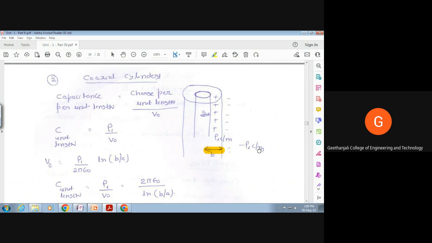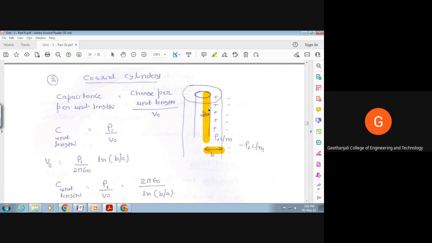Now, how to define the capacitance of this system? The amount of charge present on each conductor depends upon the length of the conductor. So in such cases, capacitance per unit length is defined as charge per unit length divided by V naught. What is the charge per unit length? The charge density is assumed to be rho L coulombs per meter.